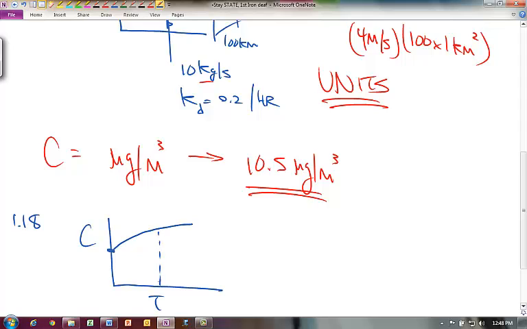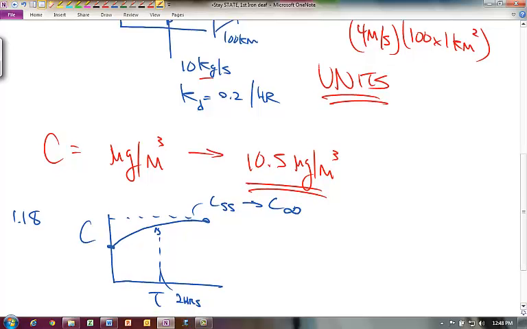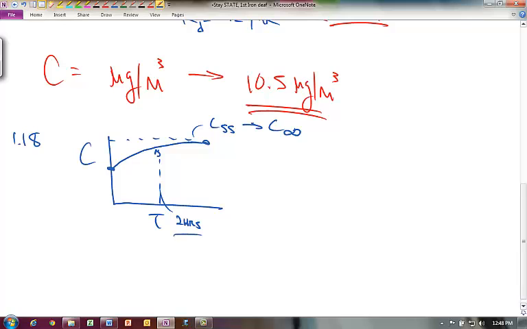We're trying to find the concentration at 2 hours. This level here might be our steady state concentration at some unknown time, and I suspect 2 hours is not going to be enough to reach that steady state.